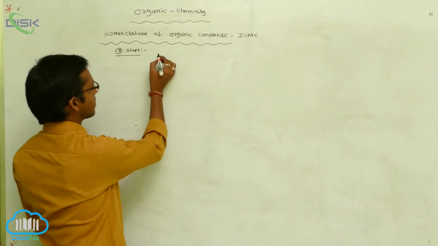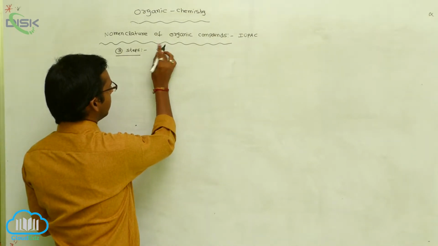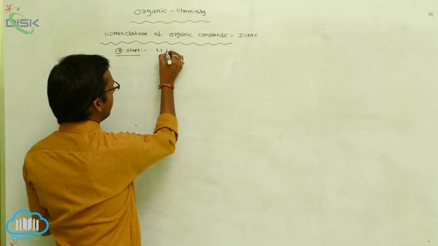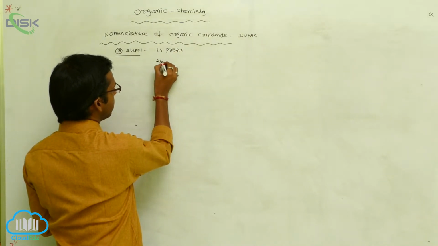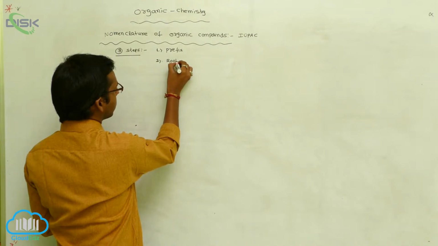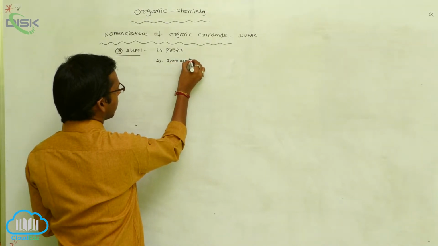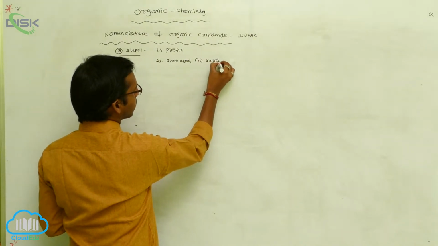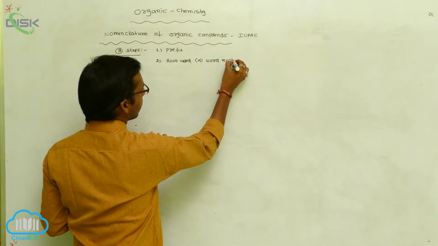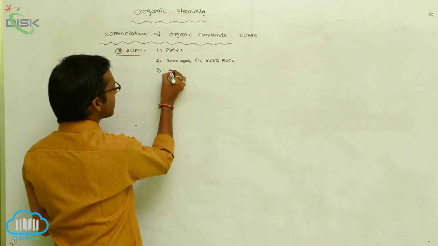Those 3 steps: the first one is prefix, the second one is root word or word root, and the next one is suffix.